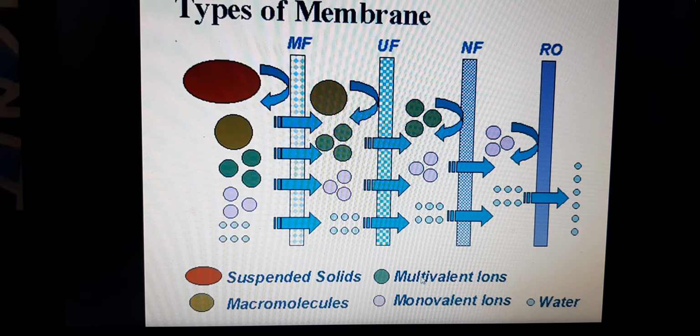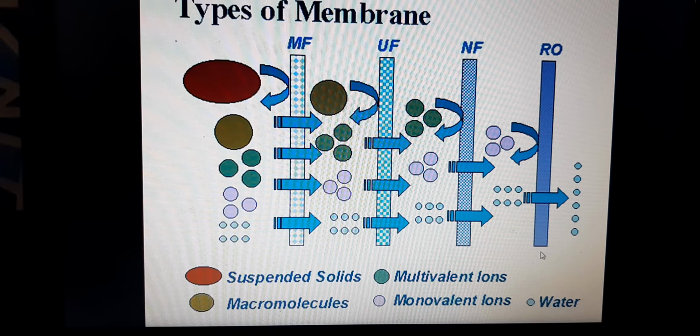Then multivalent ions will pass up to the nanofiltration. Then monovalent ions will pass through micro, ultra and nano, also reverse osmosis, but reverse osmosis will not pass all other things. Suspended solids will be controlled, multivalent ions will be controlled, macromolecules will be controlled, monovalent ions also will be controlled. Only RO will pass these water molecules.